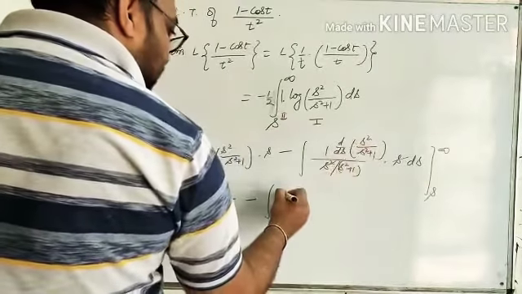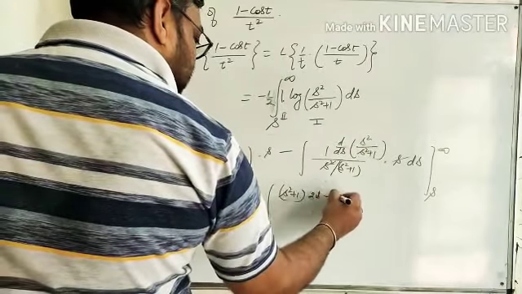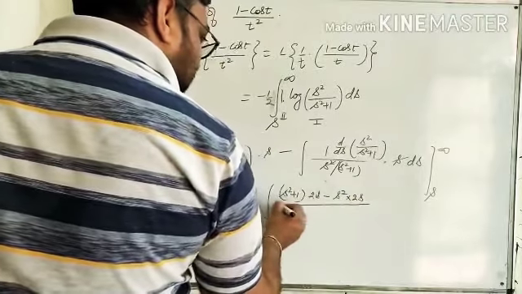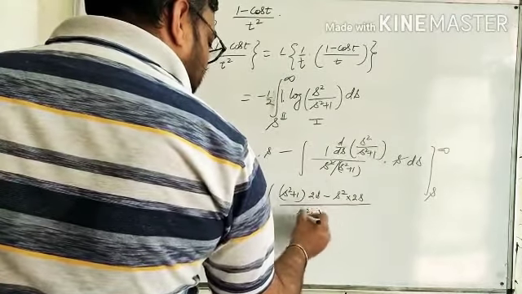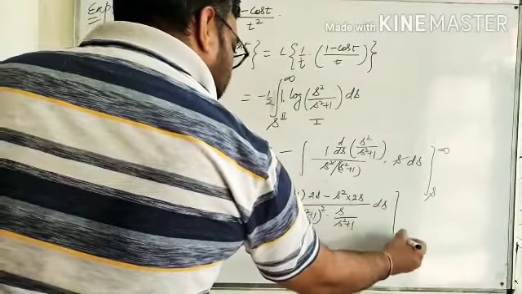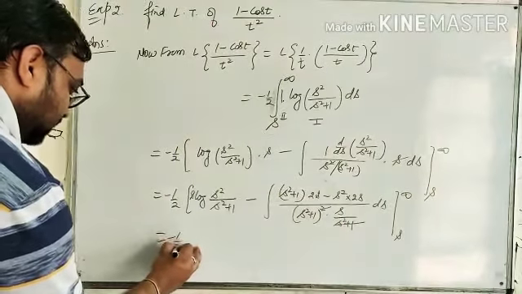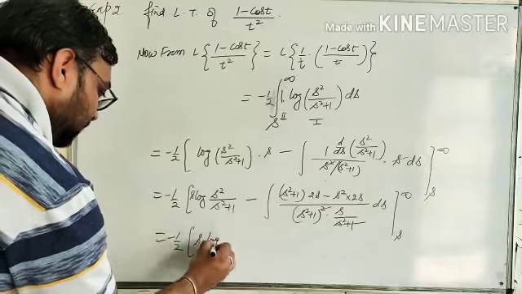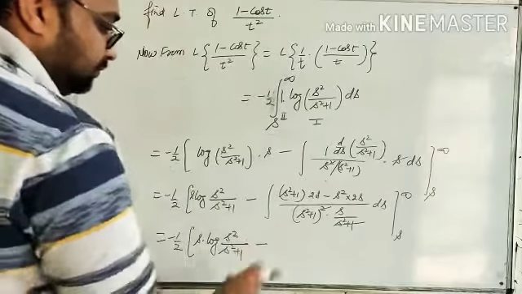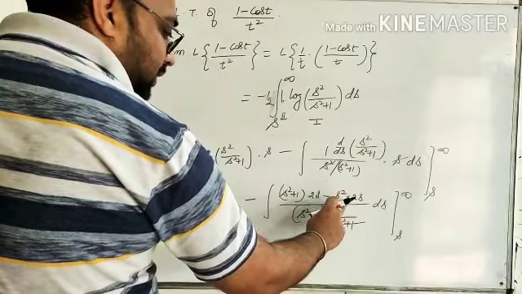Now the differentiation of this particular function: s square plus 1 as it is, differentiation of this is 2s, minus s square as it is, differentiation of this is 2s, upon (s square plus 1) whole square, into s upon s square plus 1 ds under the limit s to infinity. Now the power of 1 is cancelled, so minus 1 upon 2, s into log of s square upon (s square plus 1), minus, 2s cube and minus 2s cube cancelled.